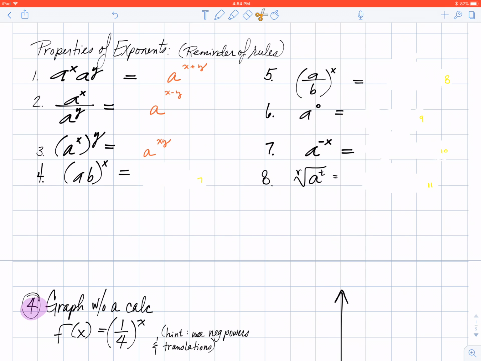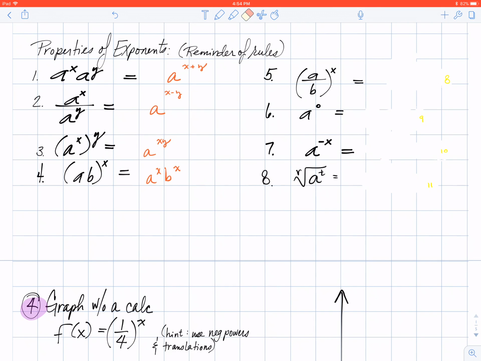Number 4, when you have a product, two things multiplied together, and that product is being raised to a power, then every single piece of the product or factor can also be raised to that power. Please do not call this distribution. Distribution only works with adding and subtracting, and this is not adding and subtracting.